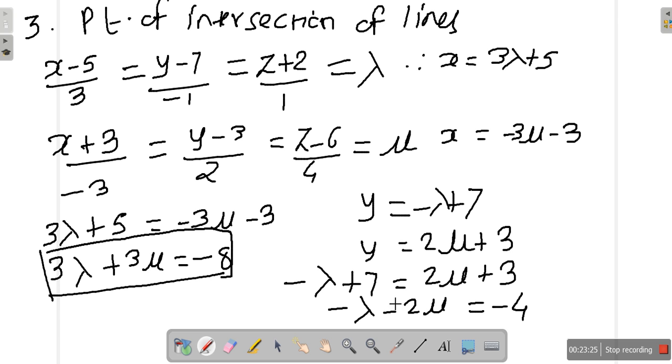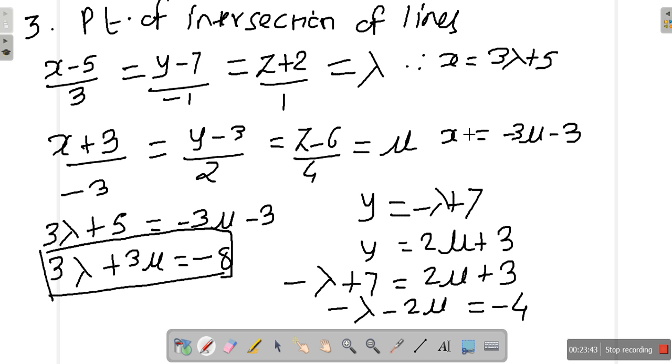Just solve these two equations simultaneously. You will get the value of lambda or mu. Once you get the value of lambda, you can substitute and you will get the coordinates of x, y and z, which are the coordinates of the point of intersection.